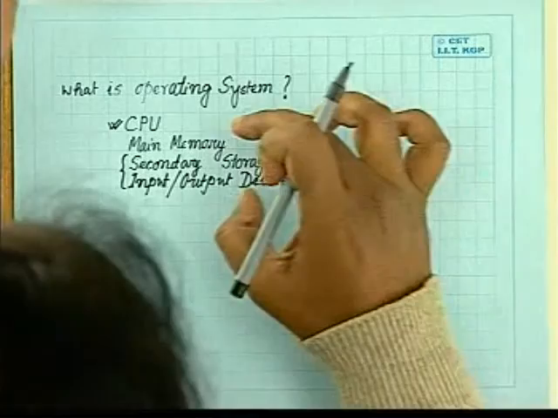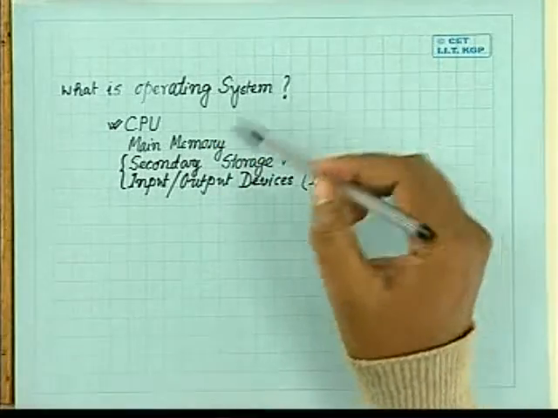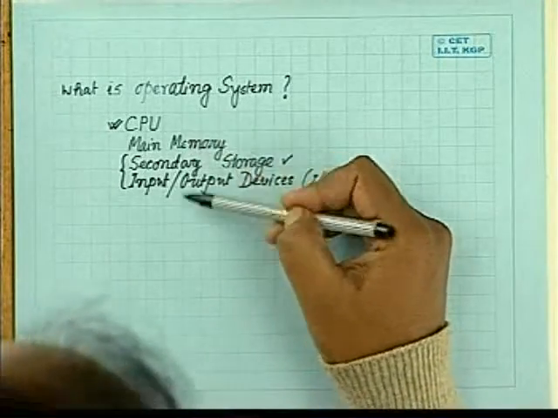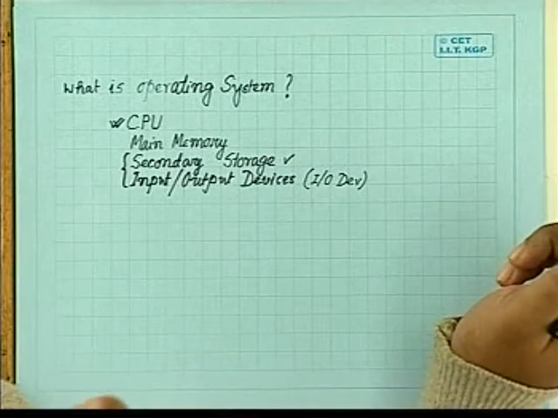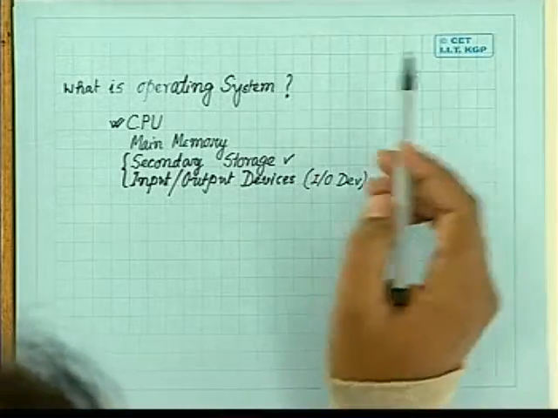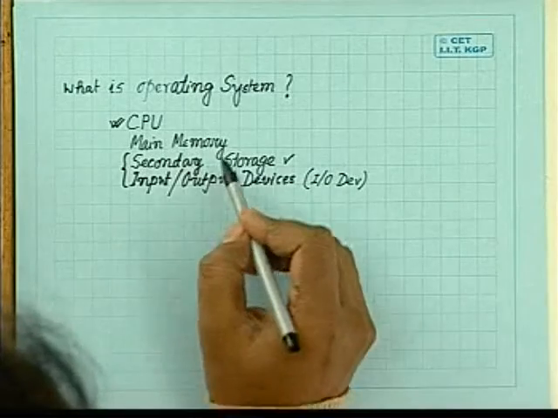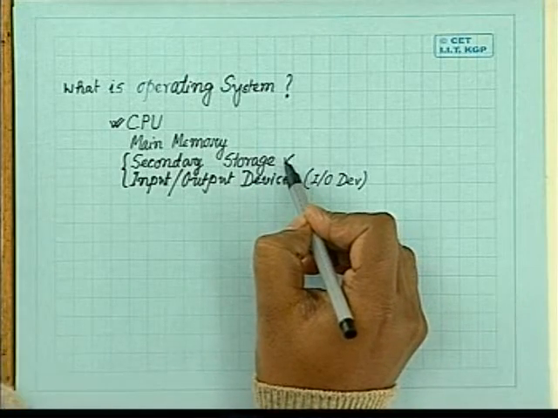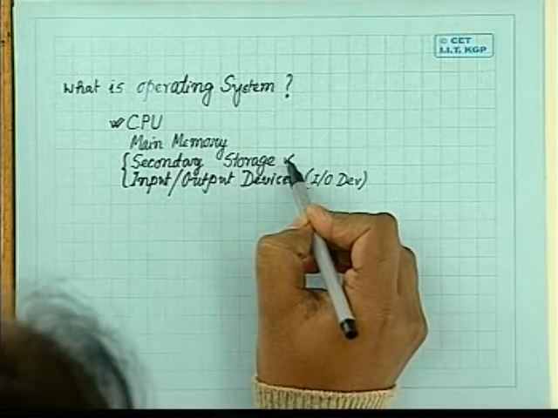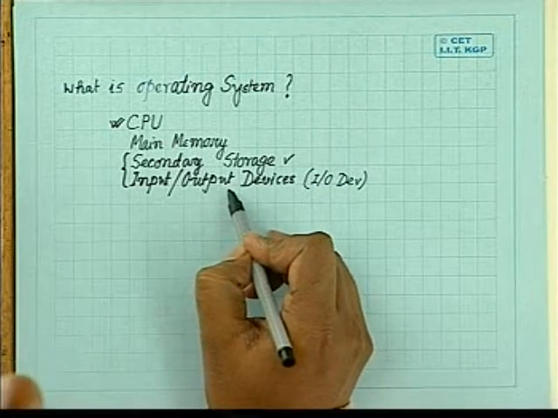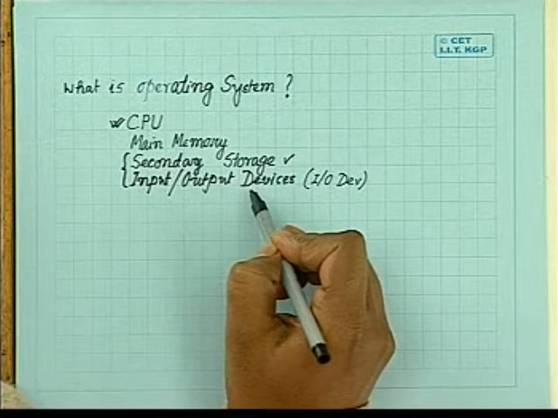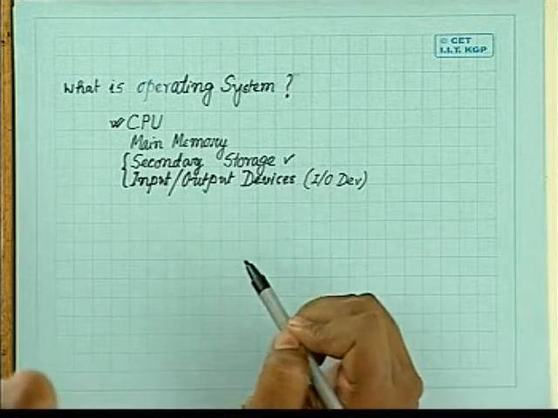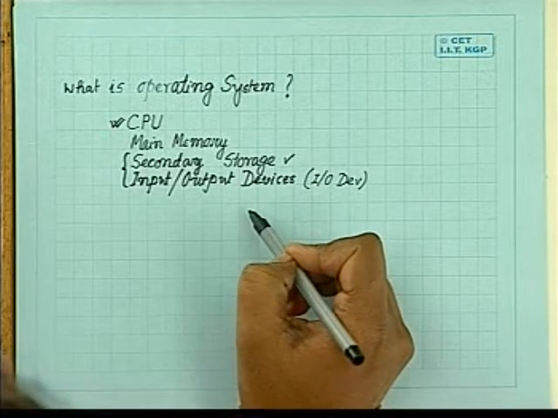So usually, these are the four kinds of resources present in a computer system. One is the CPU, then you have the main memory, then you have secondary storage as a special kind of input output device. We have other normal input output devices like keyboards, video terminal, printer, these things.